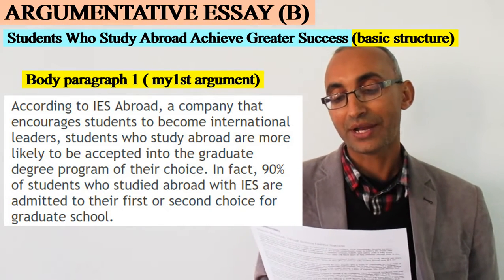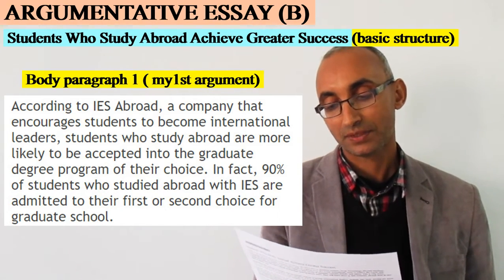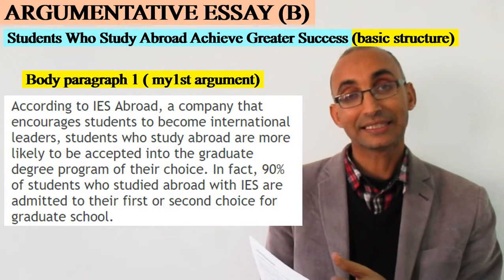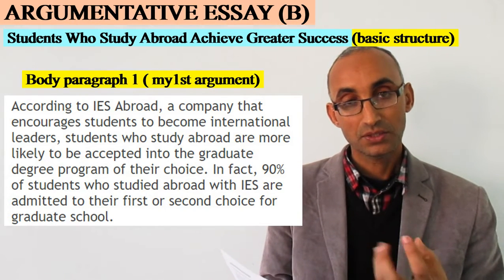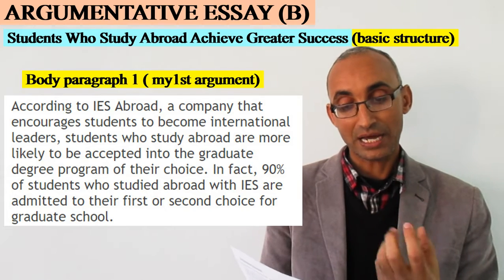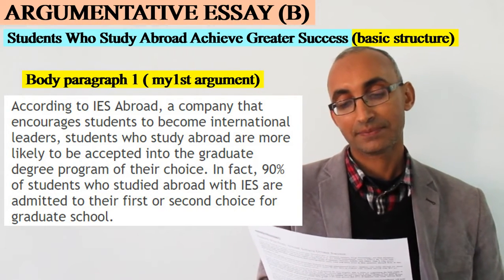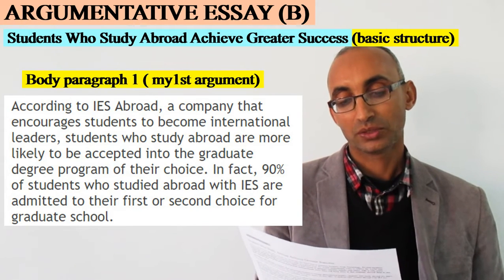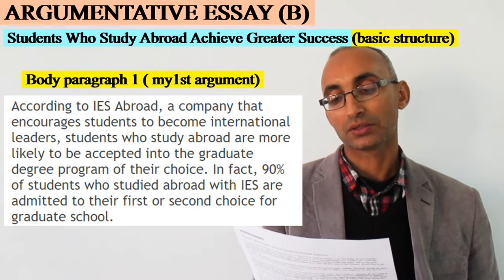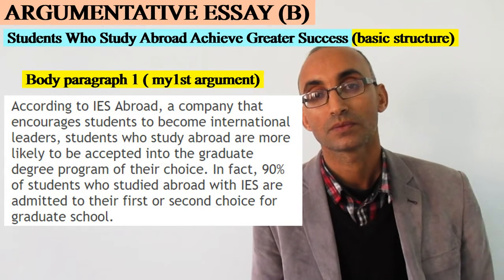In fact, 90% of students, here we have percentage, statistics, numbers, figures, facts, okay, as the argument, who studied abroad with IES are admitted to their first or second choice for graduate school.